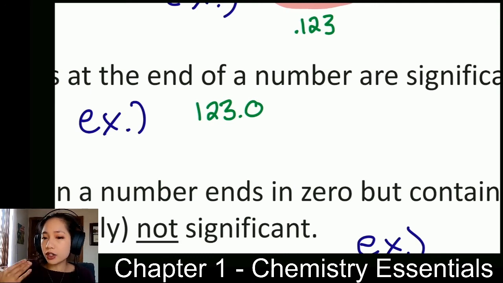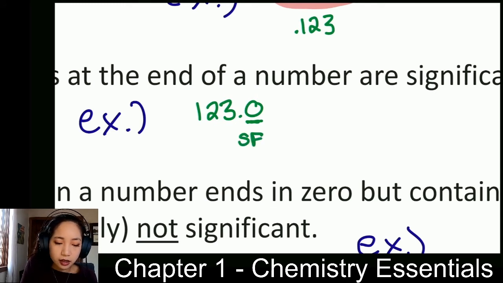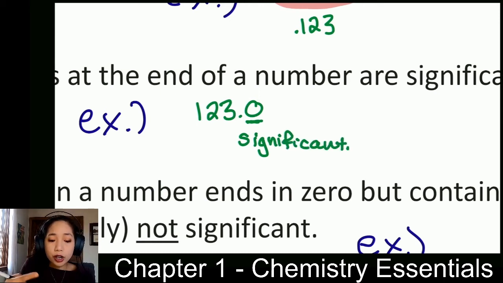But see how I took the time to write the point 0? Since I took that time to write point 0 at the end there, this 0 becomes significant. It is significant. That 0 is significant. So 123.0 has 4 sig figs.